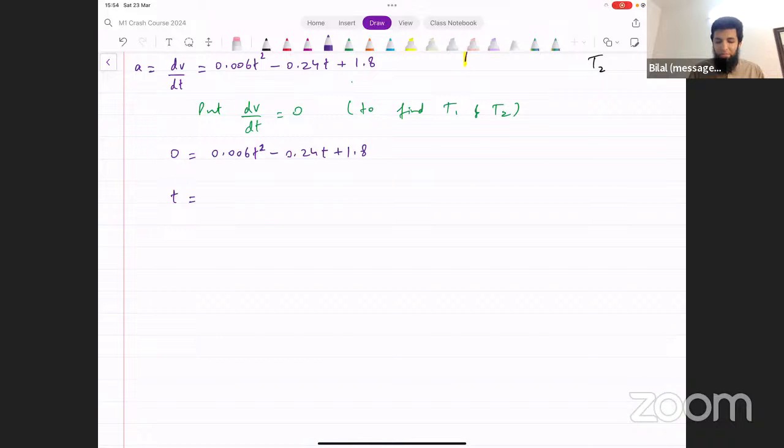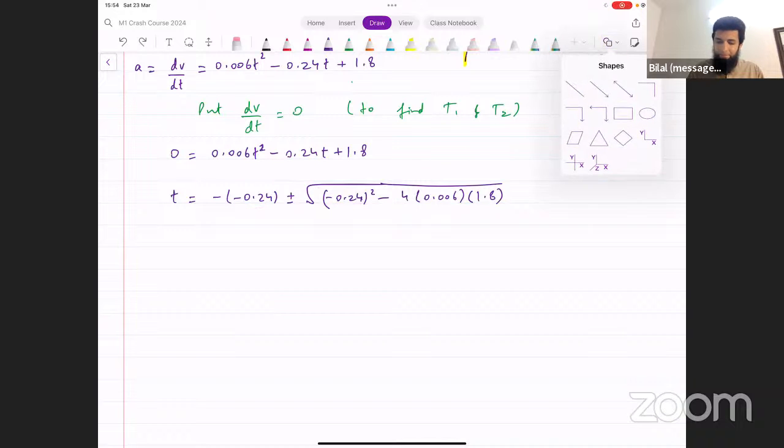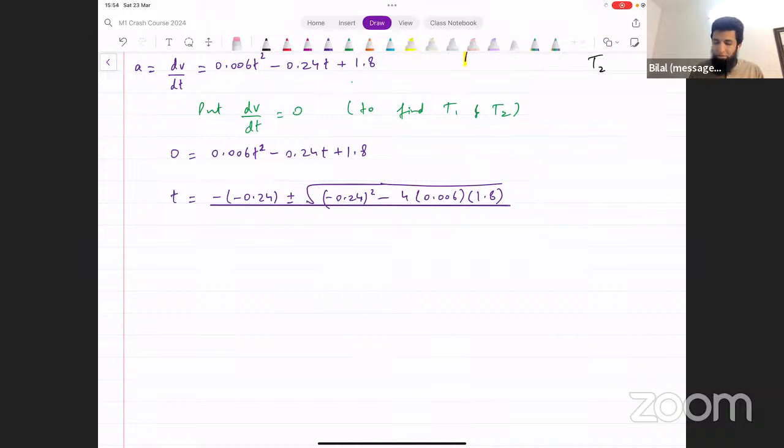T equals minus b, that's minus into minus 0.24, plus minus the square root of minus 0.24 whole squared minus 4 into a, which is 0.006, into 1.8, whole divided by 2 times a, that means 2 times 0.006. That's going to give you the values of t.